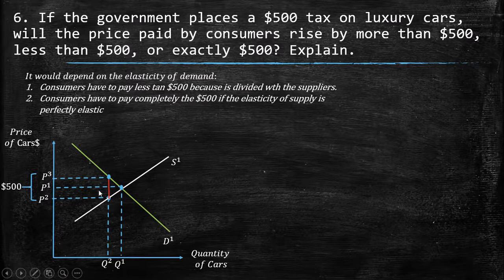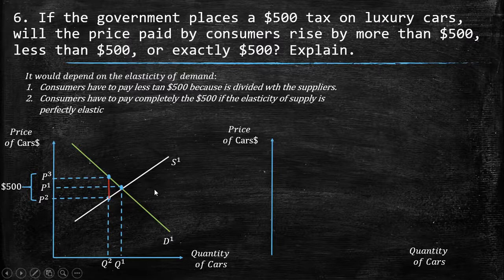If you realize, the original price was P1, so consumers have to pay more, P3 minus P1. But the sellers have to assume the other part of the tax.